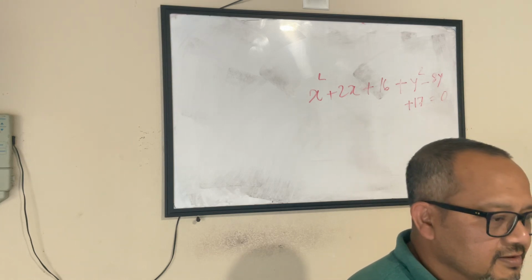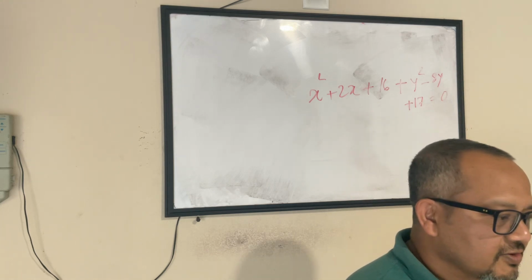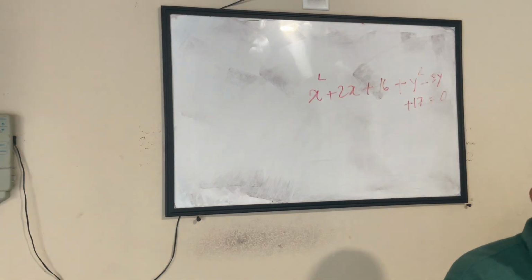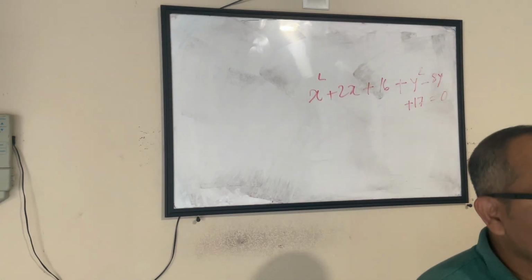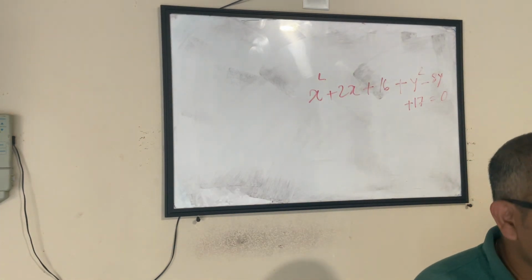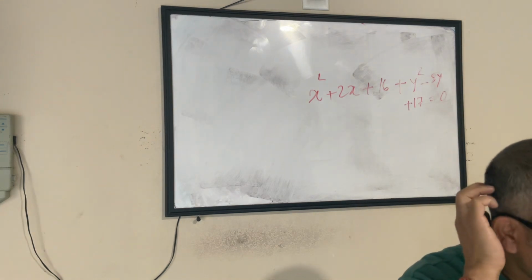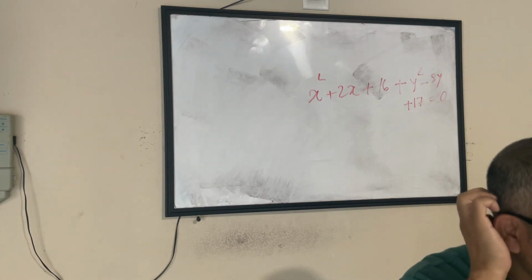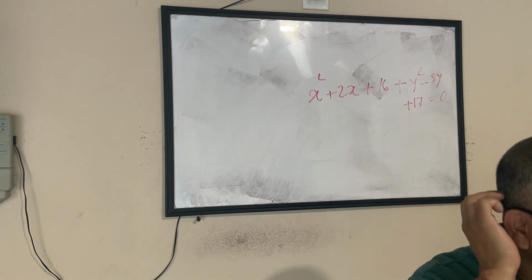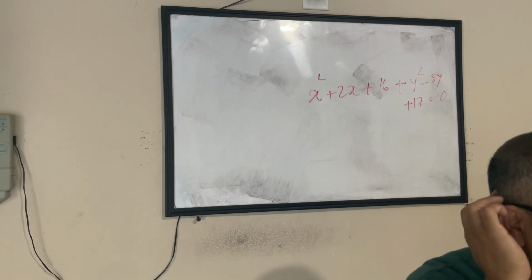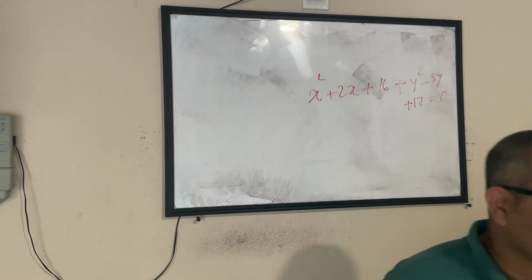Tables until 13. 13 5 ja. 60. 4 9 ja. 14 9 ja. Say it again. 14 5 ja, you said? No, you said 13 fives. 13 5 ja, how much? 65. I heard 60, that's why I was wondering.